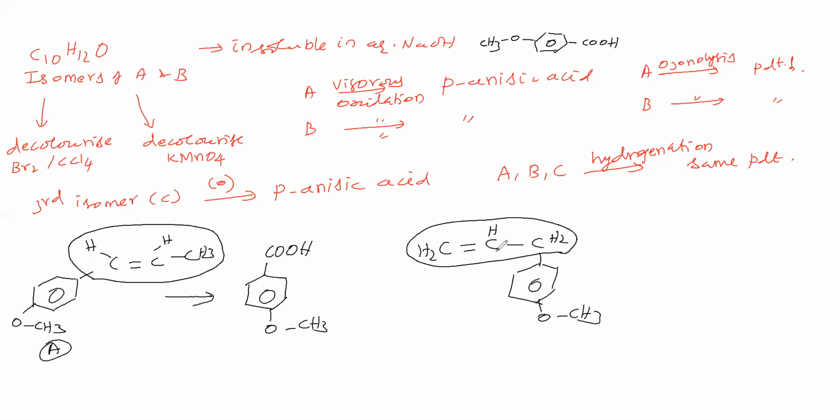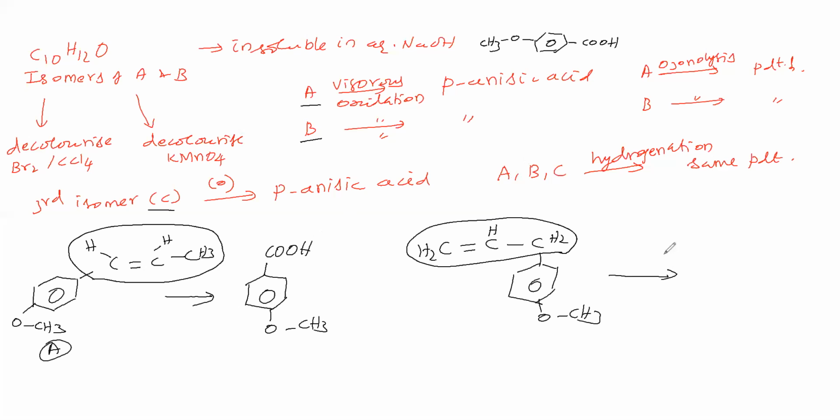So this one on vigorous oxidation converts into carboxylic acid, and this also converts into carboxylic acid. Now A on vigorous oxidation gives para-anisic acid, B gives para-anisic acid, and the third isomer C on vigorous oxidation also gives para-anisic acid. Now A, B, C on hydrogenation give the same product.